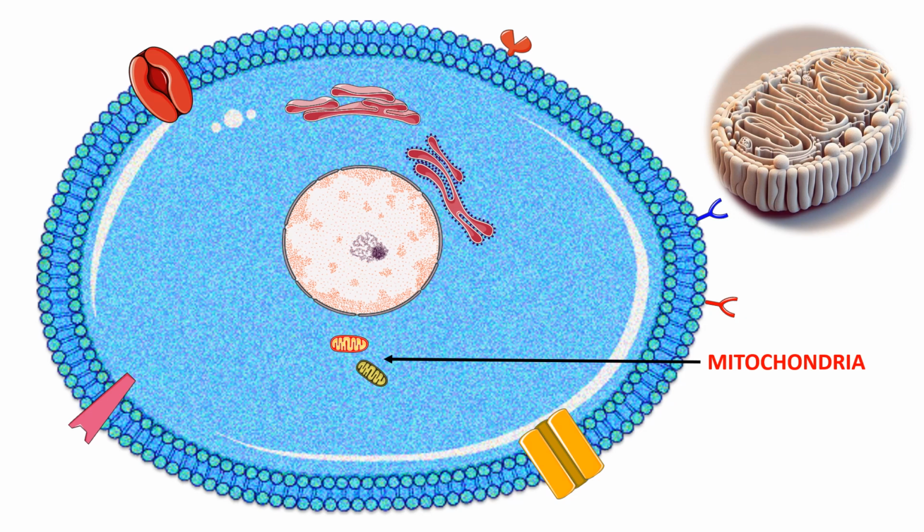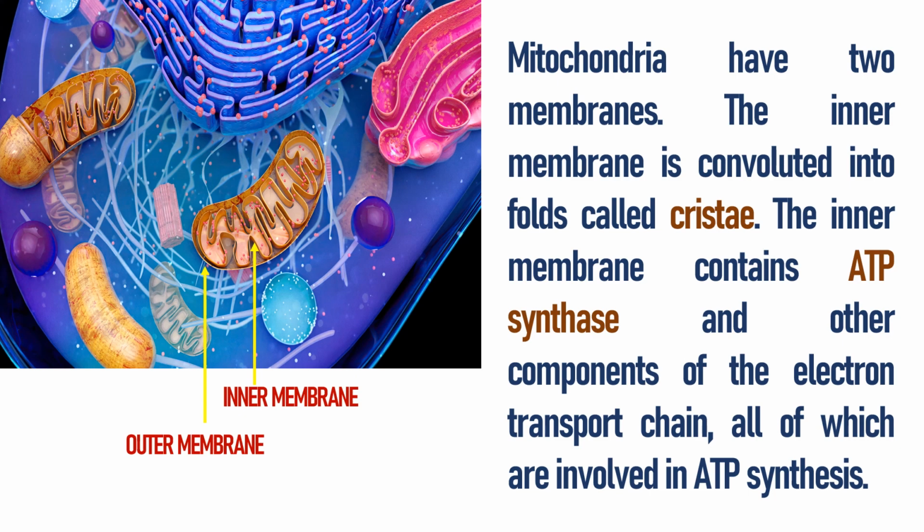Every student of biology knows that mitochondria are powerhouses of the cell. Mitochondria have their own specific DNA known as mitochondrial DNA. Mitochondria have two membranes. The inner membrane is convoluted into folds called cristae. The inner membrane contains ATP synthase and other components of the electron transport chain, all of which are involved in ATP synthesis.